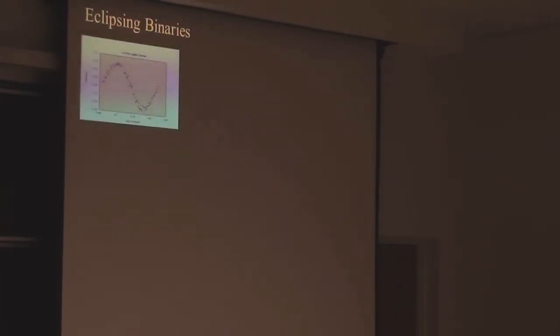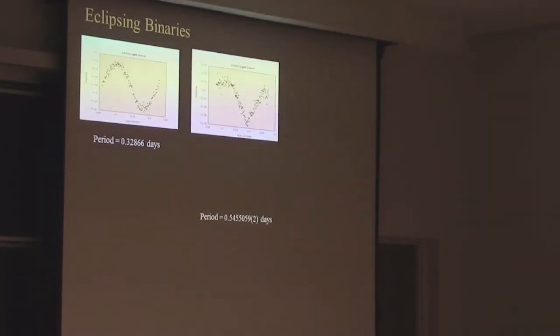Some eclipsing binaries. These are light curves of eclipsing binaries. So this is a fraction of a day here. From 0.7 to 0.8 would be 2.4 hours, a tenth of the day across there. So you see some of these eclipses occurring in the orbital period of the system that we've measured.